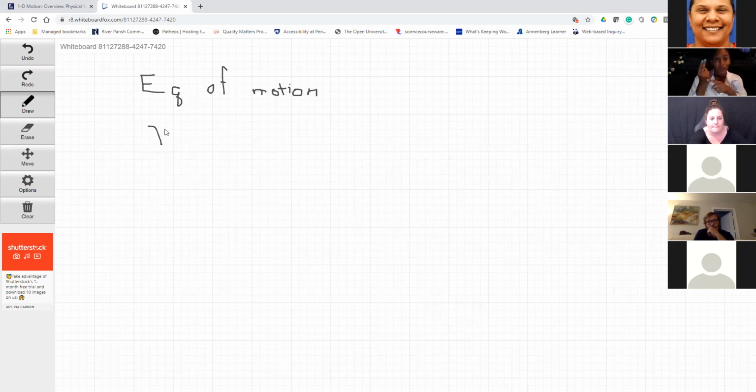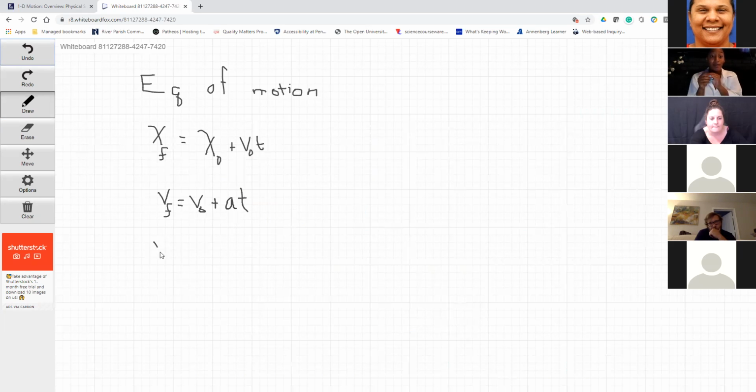That's X final equals X initial plus V initial T. If you want to know where I end up, tell me where I started and how long I maintain my starting velocity. V final equals V initial plus A T.